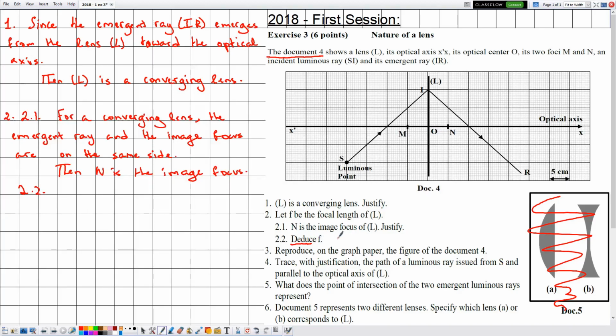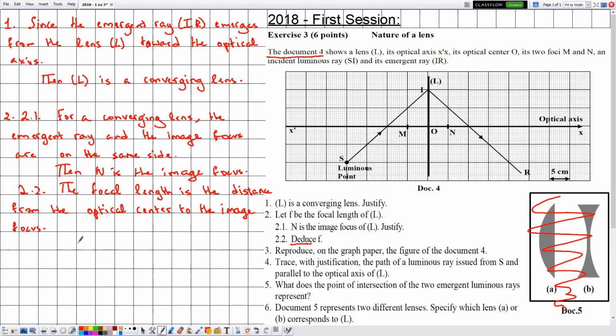So we can calculate f graphically using its definition, which is given by: the focal length is the distance from the optical center to the image focus. Whenever we need to calculate the focal length, we always start by writing the definition.